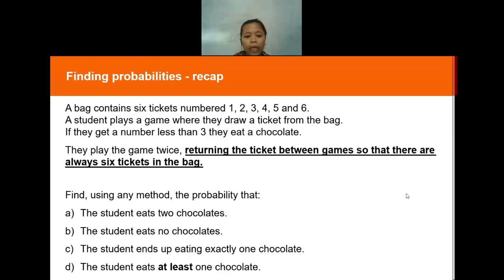When the students play, they have to draw a ticket from the bag. And then if they get the number less than 3, they will be having a chocolate. Now they will be playing the game twice, and after they take the card, they will be putting it back because it says returning the tickets. So after I take out, I check the number. After that, I put it back, and then I take another card again.